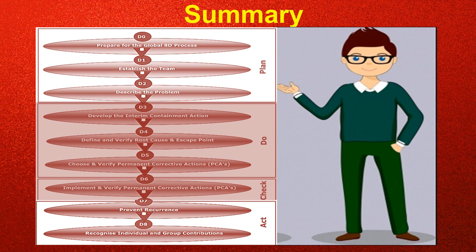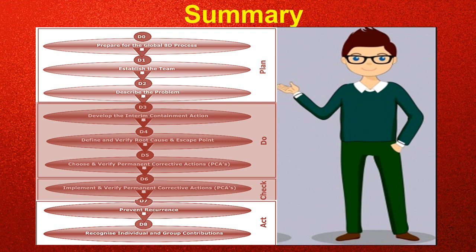To summarize the 8D steps, let's go through it again. D0 step talks about preparing of the global 8D process. D1 talks about establishing the team. D2 talks about describing the problem. D3 talks about developing the interim containment action.